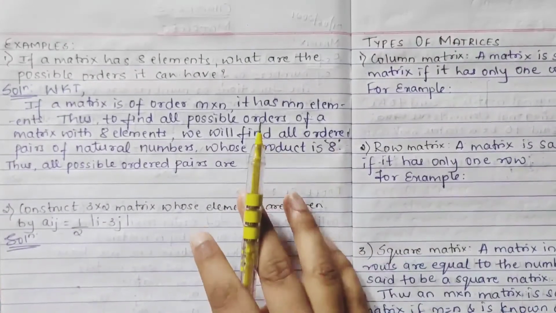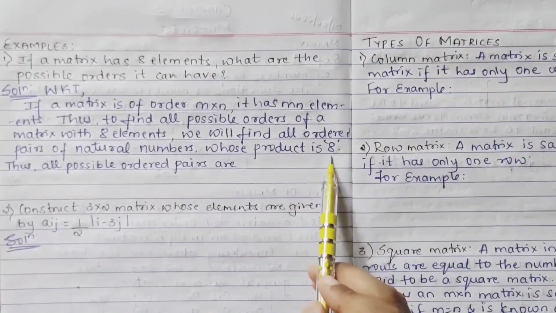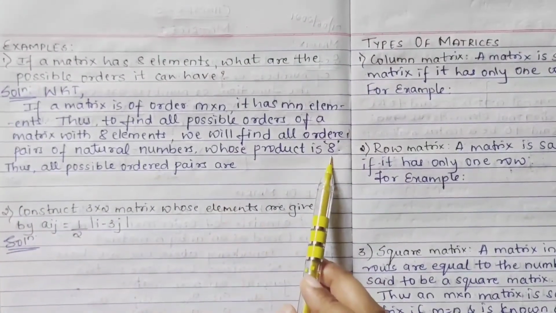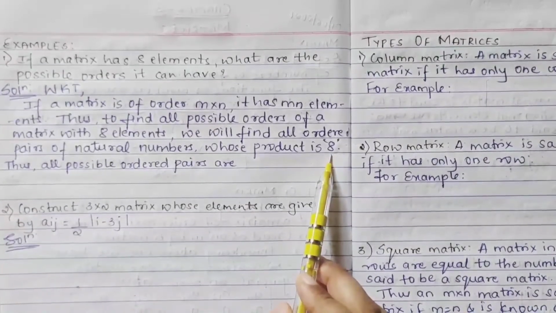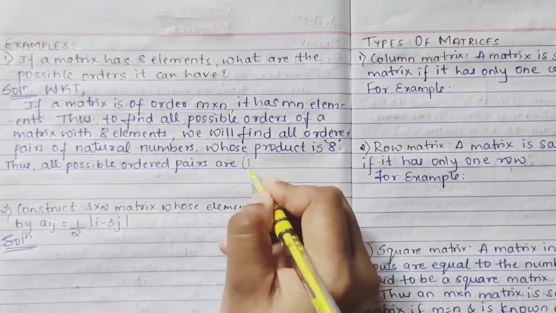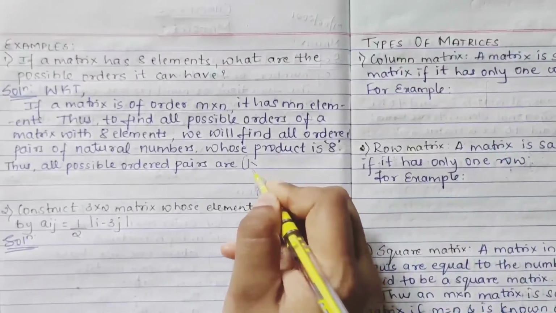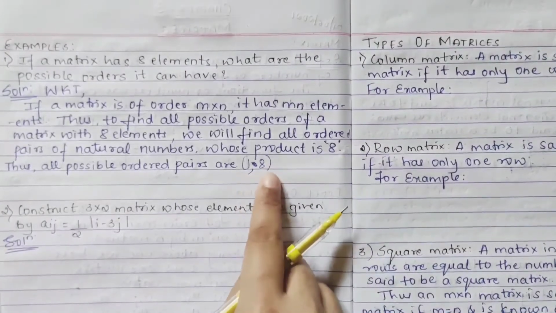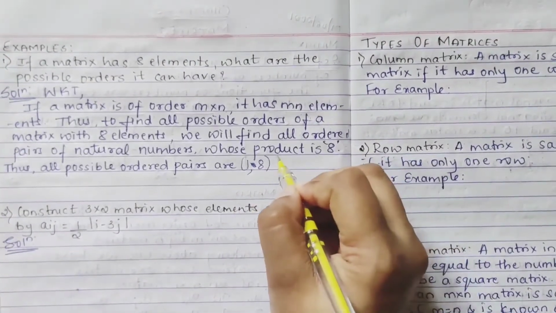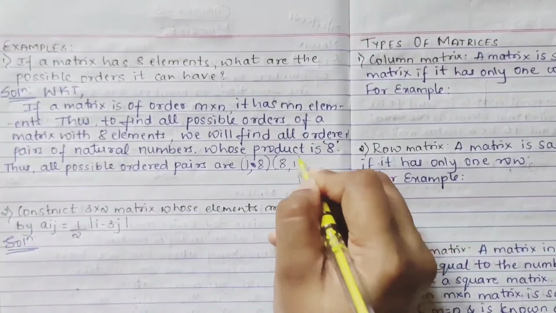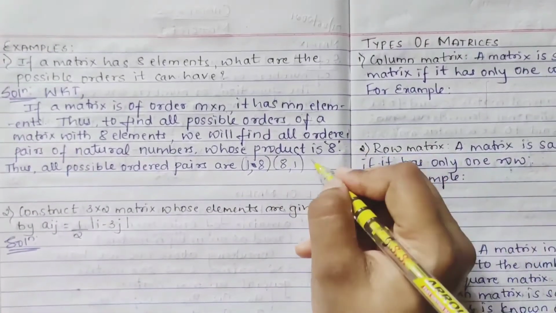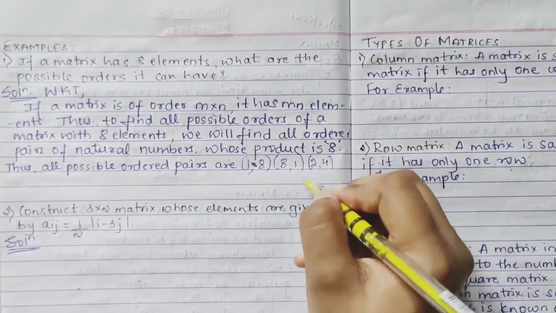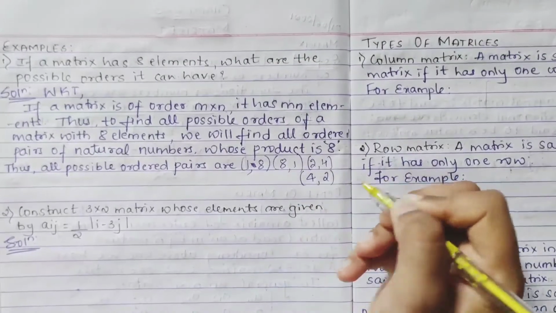Product means any two numbers which you multiply to get 8. So which two numbers, when multiplied, give 8? One is 1 into 8, so the ordered pair is 1 comma 8. Ordered pair means this. The other is 8 comma 1, and then 2 into 4 is 8, so 2 comma 4 and 4 comma 2.